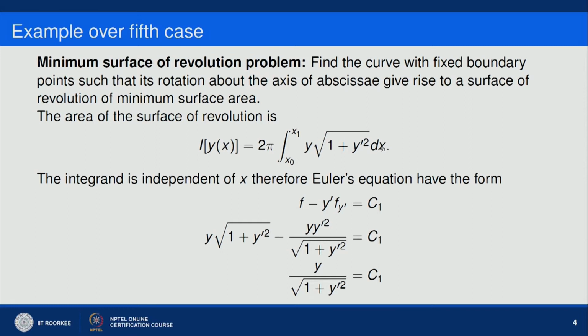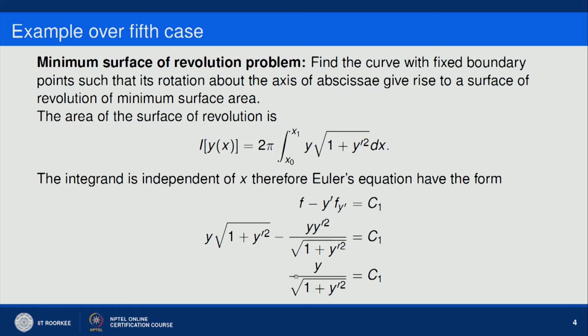As we have discussed, this Euler equation is reduced to f minus y' f_y' equal to c1. Here f is y times the square root of 1 plus y' squared. If you differentiate this with respect to y' and simplify, you have y upon the square root of 1 plus y' squared equal to c1.